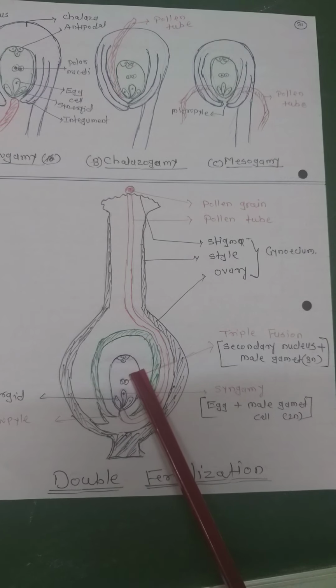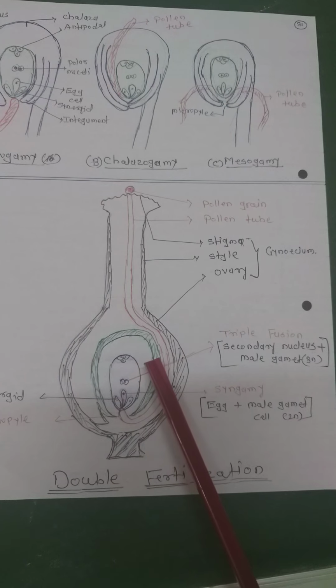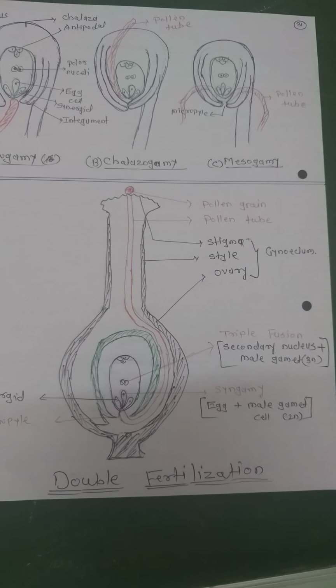Then what is the significance of double fertilization? First, it is a unique feature of angiosperms. Second, both male gametes are utilized. Syngamy, that is the first fertilization, results in the formation of zygote, which later develops into embryo. It helps to restore the diploid nature of the plant body.